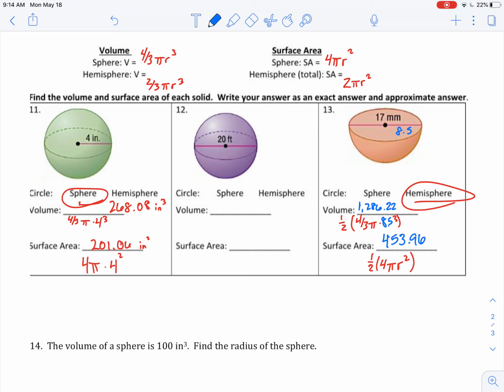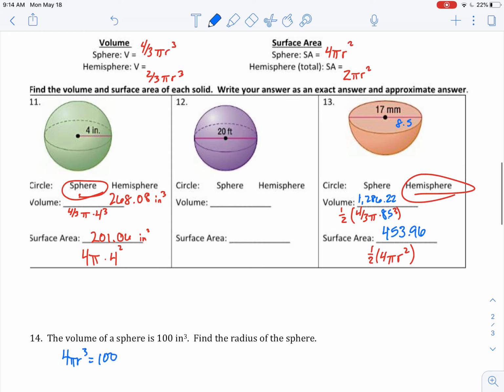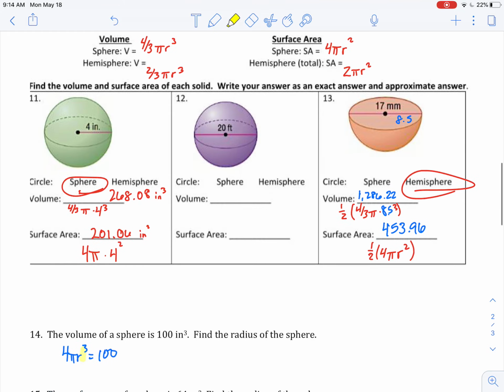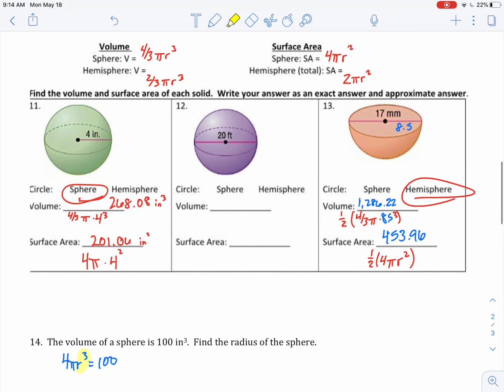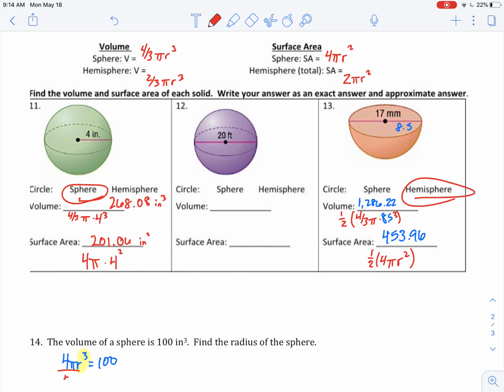And our very last problem here, the volume is 100 cubic inches, so 4/3 pi r cubed equals 100, and I want to find the radius. Well, I need to get rid of everything that isn't r cubed here. So I'm going to divide off the 4 pi to get rid of that.